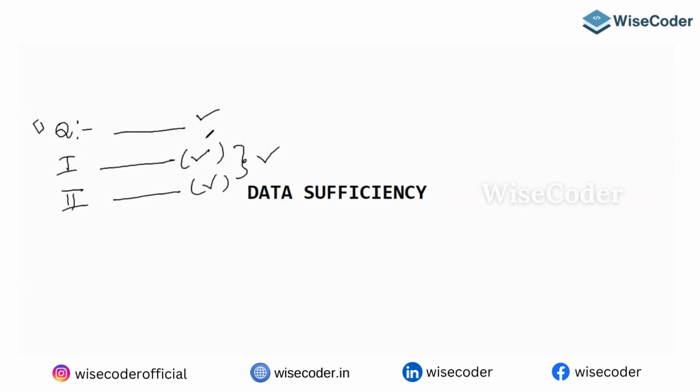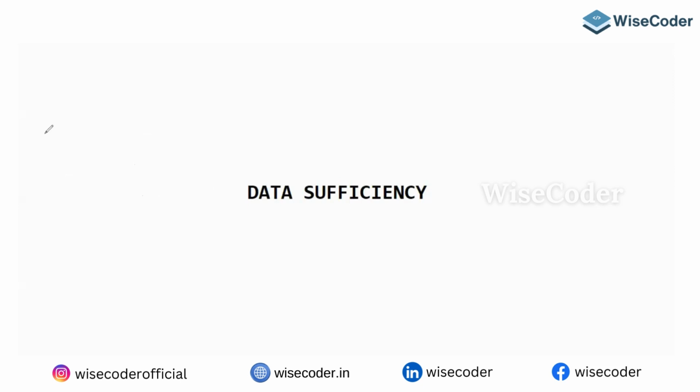You can say this when you have a clear picture about data sufficiency. No one is going to ask what the particular answer is. Now we'll start with one example so that we'll understand.